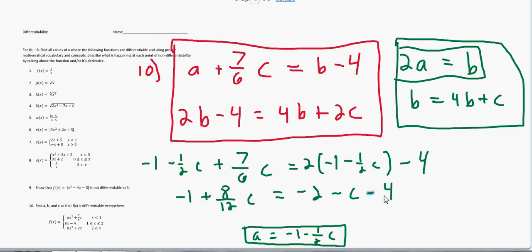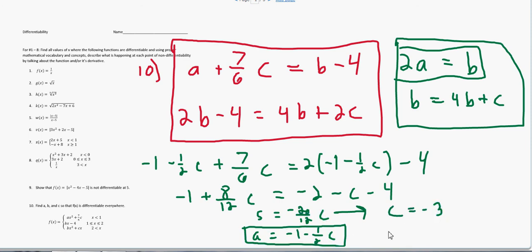And simplifying, negative 2, negative 4 is negative 6, plus 6, we get 5 is equal to minus 8 twelfths, this is 12 twelfths, negative 20 twelfths c, which means you're going to get 12 times 5 is 60 over negative 20, c is negative 3.